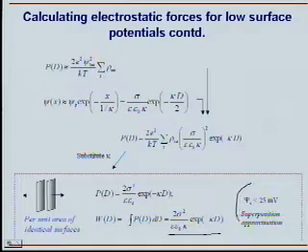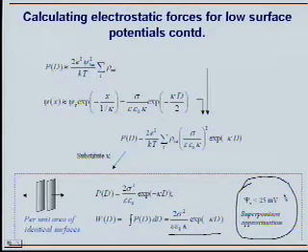Now, let me remind you that this formula was derived on the assumption that we have a low surface potential, so we could actually use the expansion in series at one point in the derivation. So this is not an exact formula, it's an approximate formula, but it is a very simple formula and it's exactly what we want for calculating electrostatic interactions. I'm going to give you the exact formulas a bit later, but let's stop a little bit here and let me see if you have any questions about the derivation or how electrostatics works or something like that.